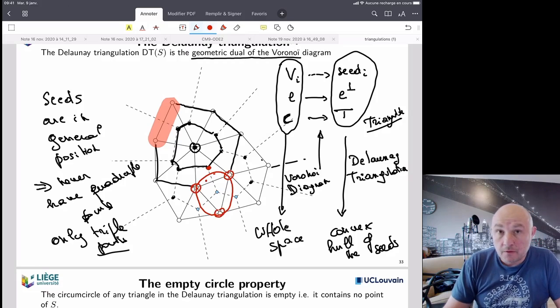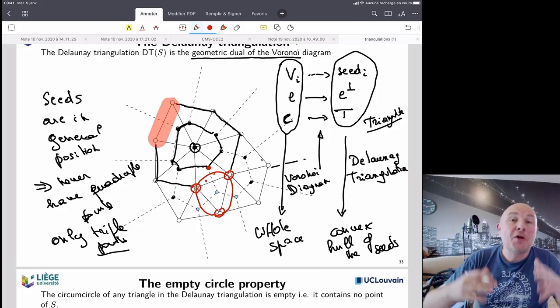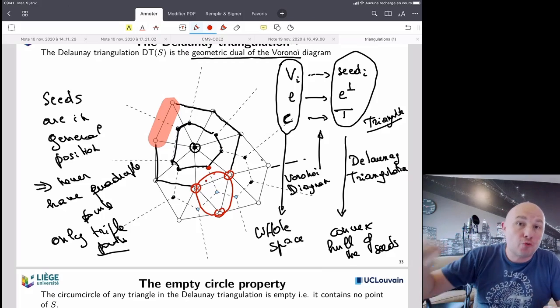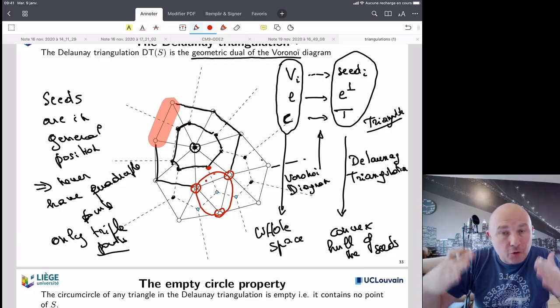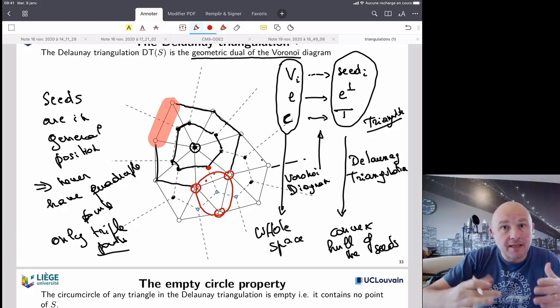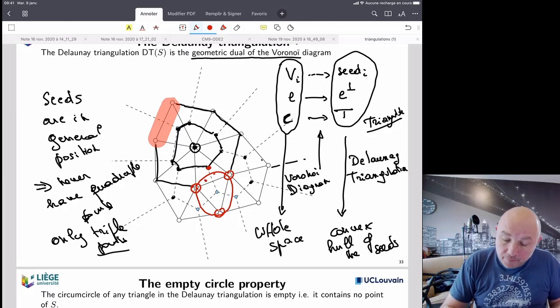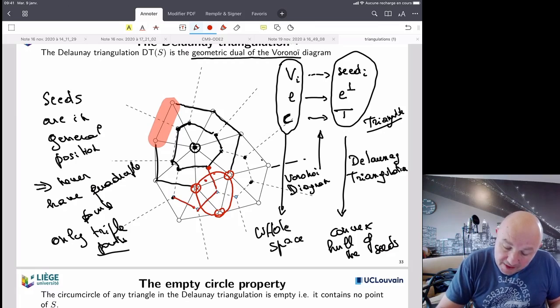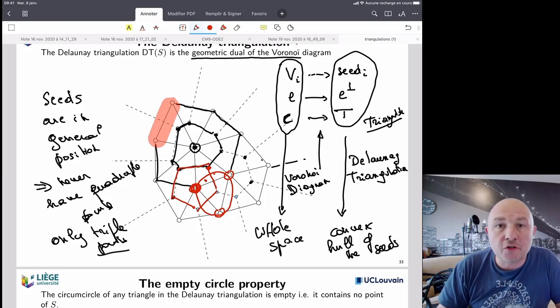A Voronoi cell only contains one point. It doesn't contain two points, because a Voronoi cell is a set of points closer to the point than to the other one. So a Voronoi cell contains only the point that is its seed. Which means if a point is here, this cannot be the Voronoi cell of that point, which is a contradiction.